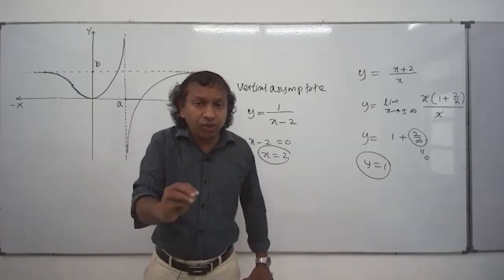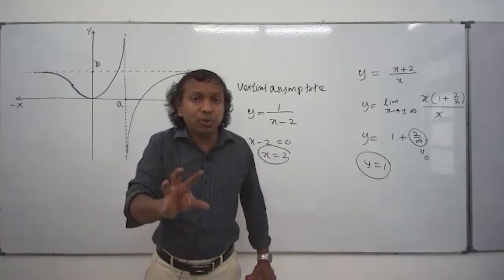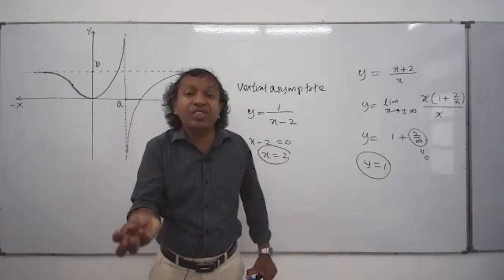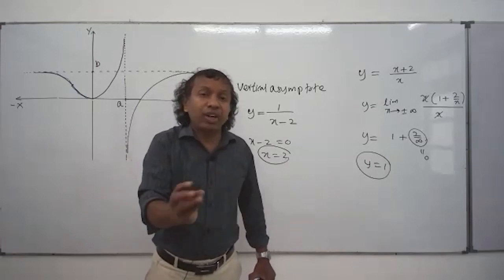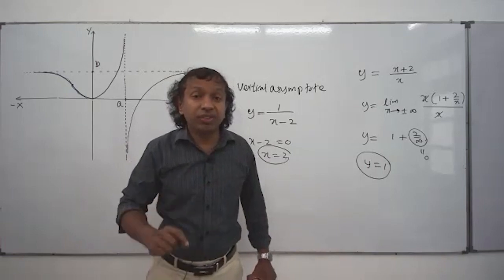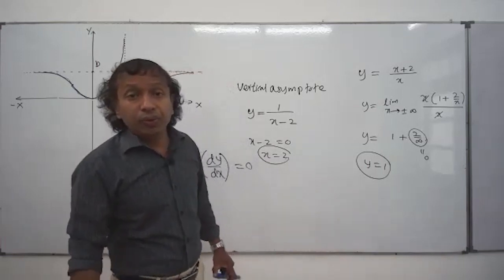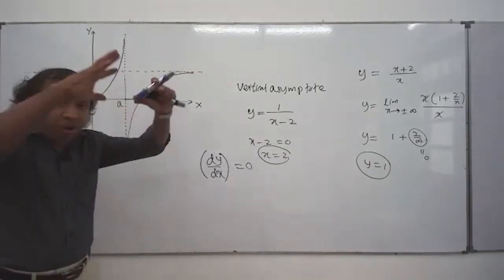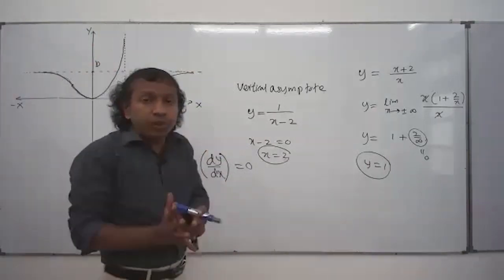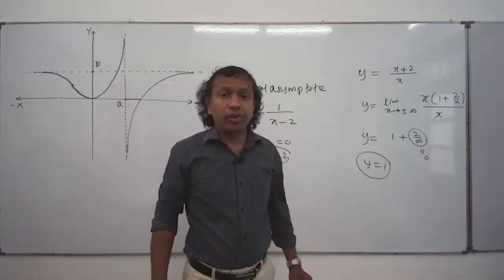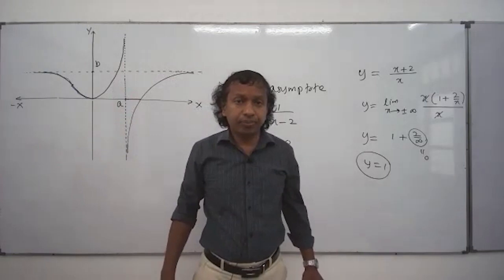After finding that x value, we have to furthermore show the sign of the second derivative before that x value and after that x value, the second derivative sign is opposite. Then only we can say at that x value, there exists a point of inflection. Finding all this information together, including them into the graph, we have to draw a clear graph. Then only we get the full marks for that.